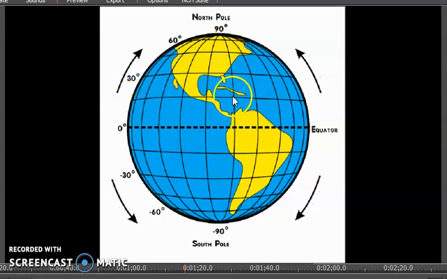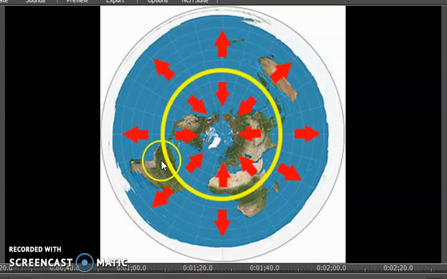So the circumference of this circle of latitude is greater than this one, which is greater than this one. And this is also true on the flat Earth map. So moving from the equator to the center of the Earth, lines of longitude converge, and circles of latitude get progressively smaller.